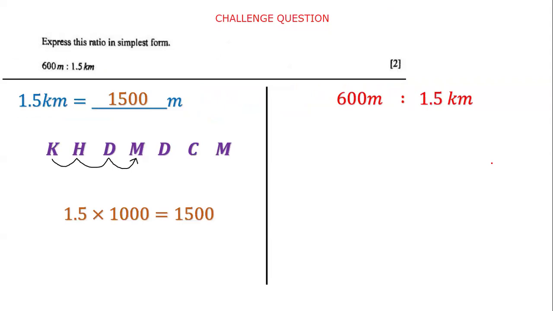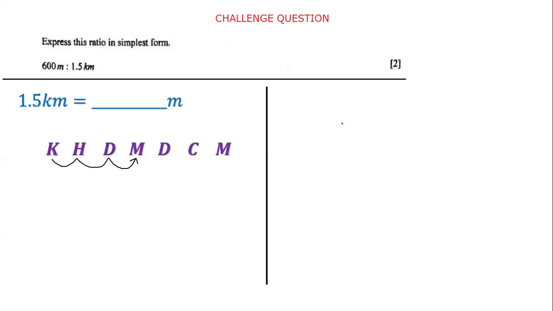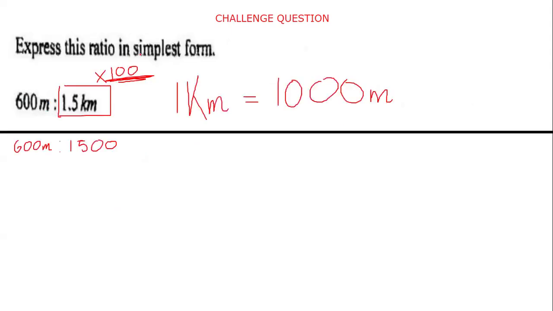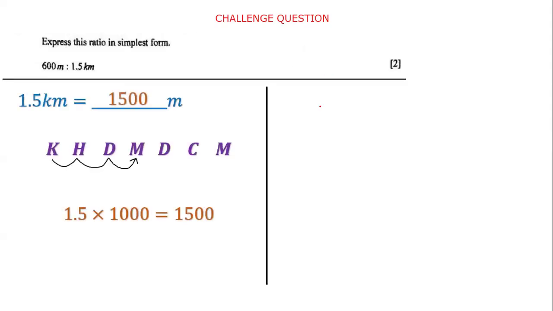So we take 1.5 kilometers and multiply it by 1,000, not 100, because 1 kilometer is 1,000. When we do that, we get 1,500.